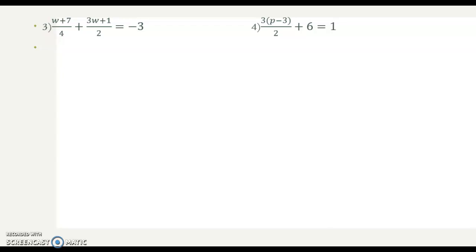So if you think of the lowest number that both 2 and 4 can go into, that would be the number 4. So let's try that. Now, the difference between this example and the last one is that we need to multiply each term by 4, because we've got two terms on the left.